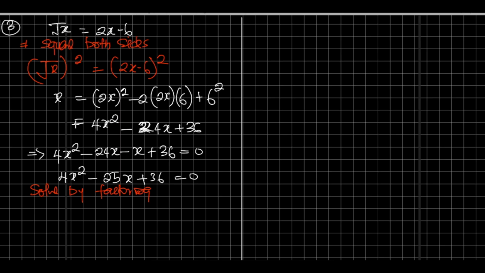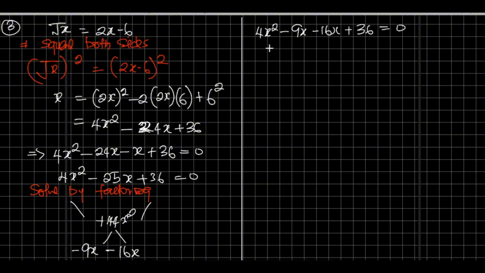So solving this equation by factoring, what's the number? Can we multiply 4 and 36? We have plus 144 x squared. Two numbers we can multiply together are minus 9x and minus 16x. So if we replace those terms, we have 4x squared minus 9x minus 16x plus 36 equals 0.